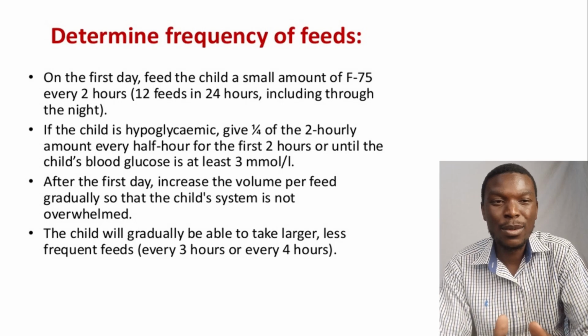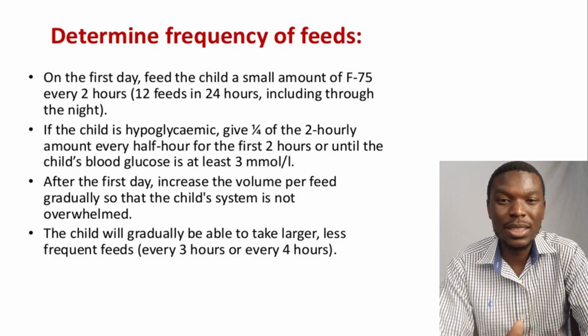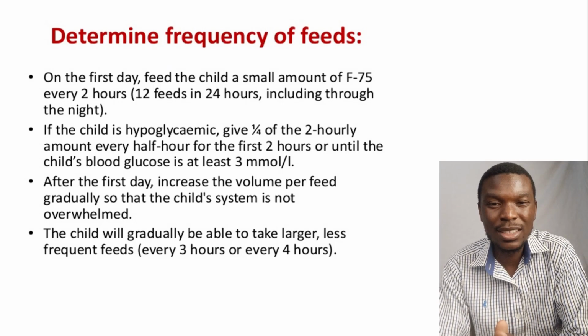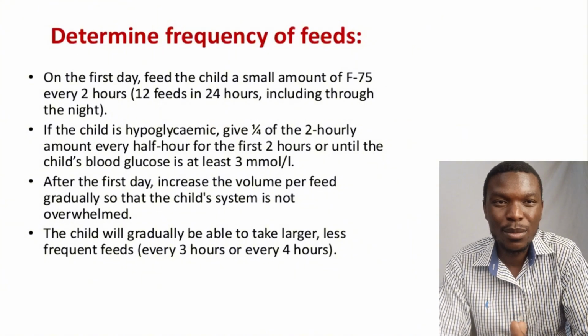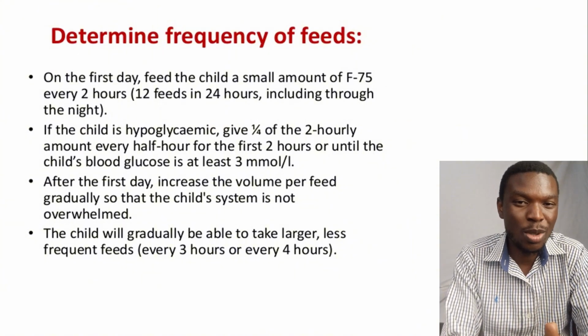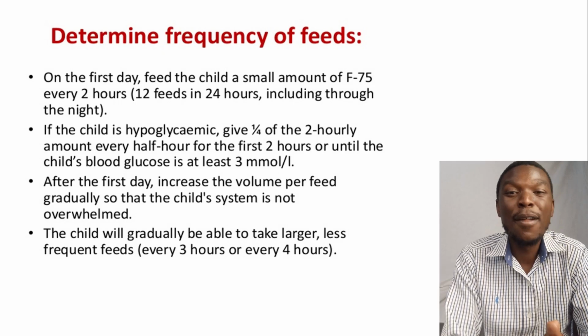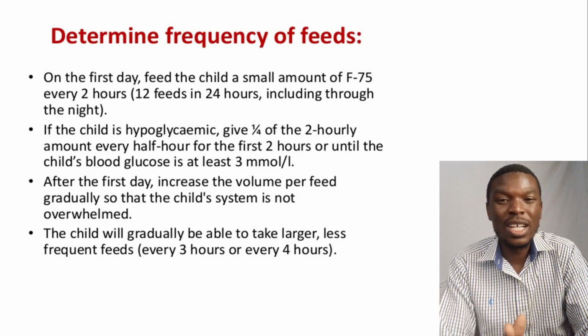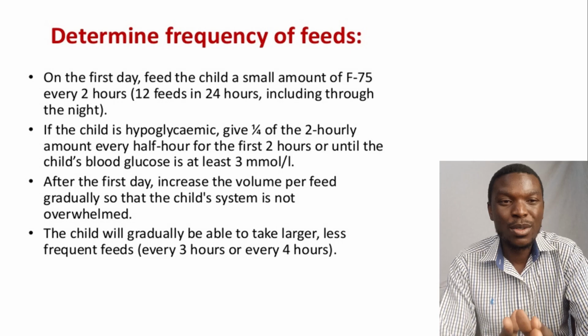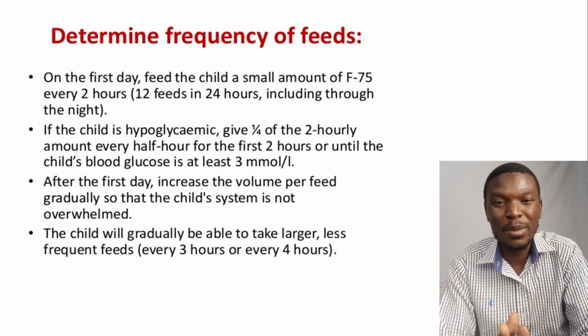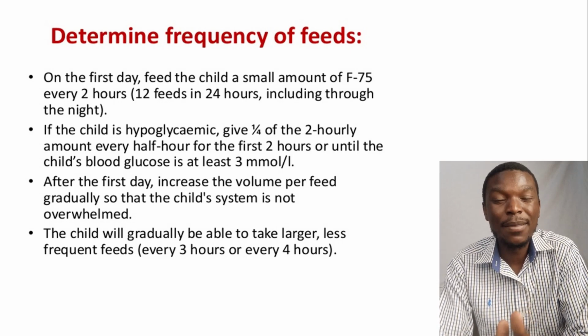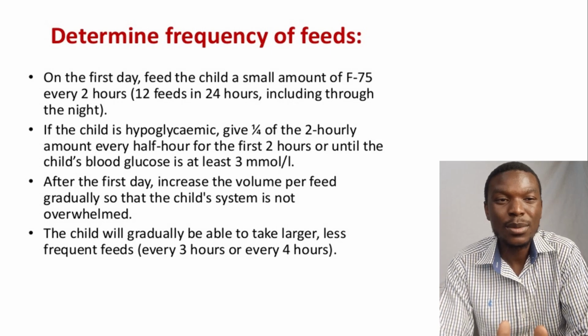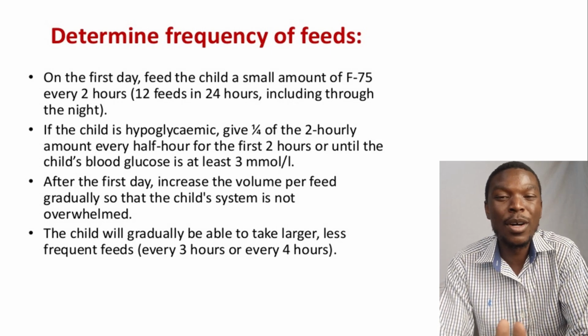So it's different from where the child is not hypoglycemic. You give at 10 hours, then you stop. You wait for another 2 hours. So at 12 hours again you give. But in this case, you are trying to correct the hypoglycemia. So you'll be giving every 30 minutes, but you're not going to give the whole amount.